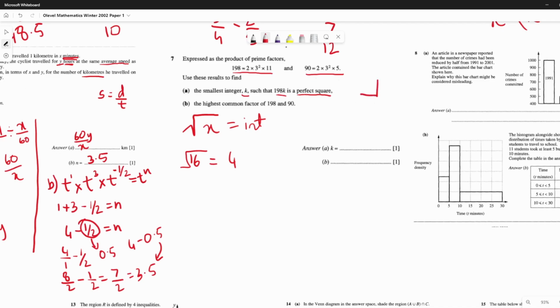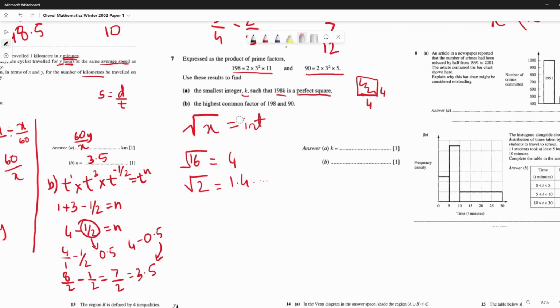If we had a square with sides 4 by 4, that would be a good square because that would give us the area 16. Whereas a number like 2 is not a perfect square because we don't get an integer as an answer. We get something like 1.4 something something something. I don't exactly remember what the square root of 2 is, and that's not something you should know either.